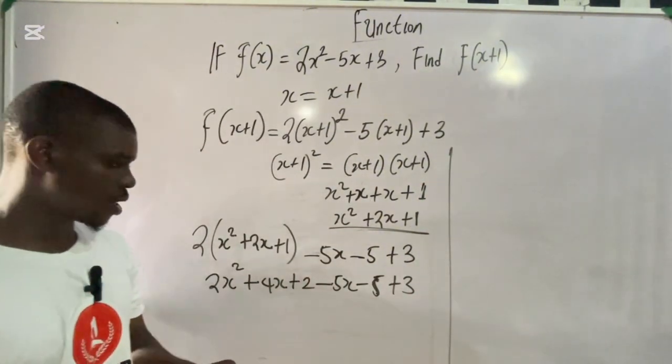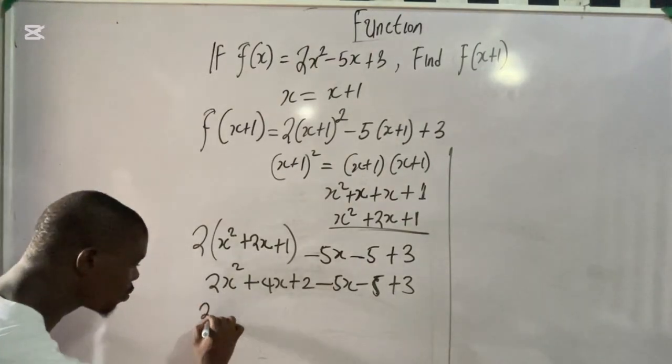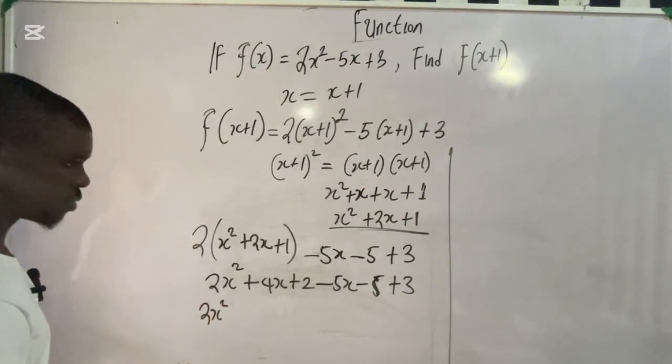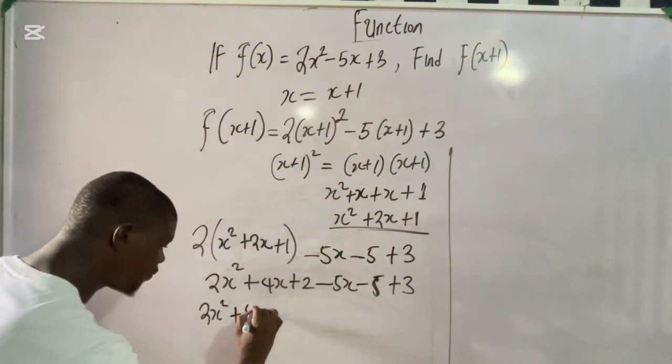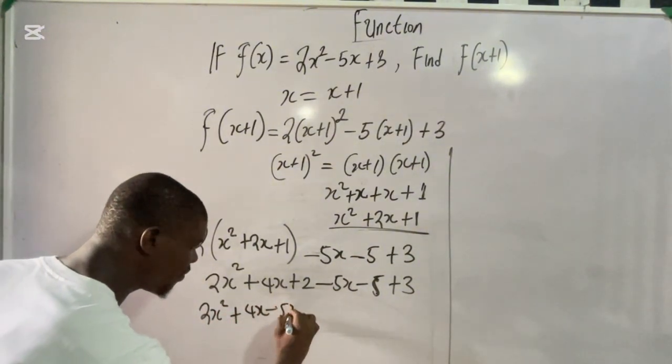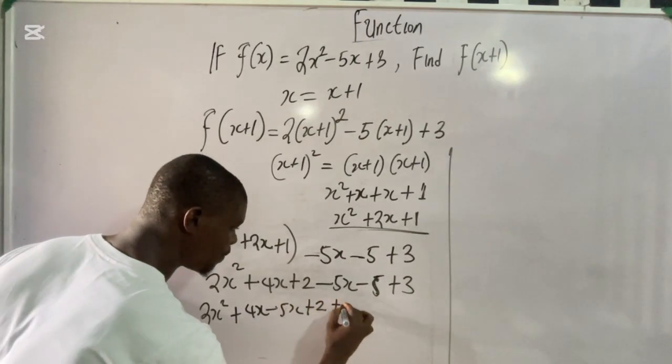So what are we going to do here? Collect like terms. If you collect like terms here, you have 2x². Let's take all the x together here. So we have plus 4x minus 5x. Here we have plus 2 plus 3.